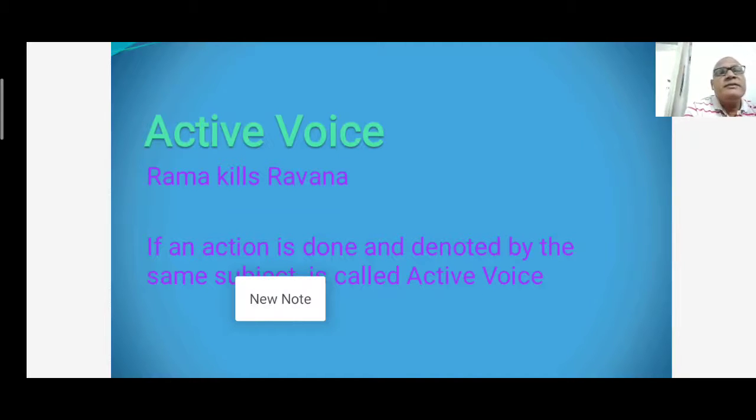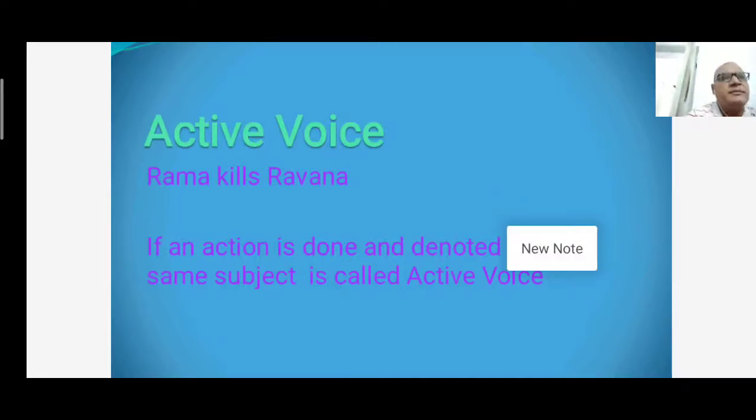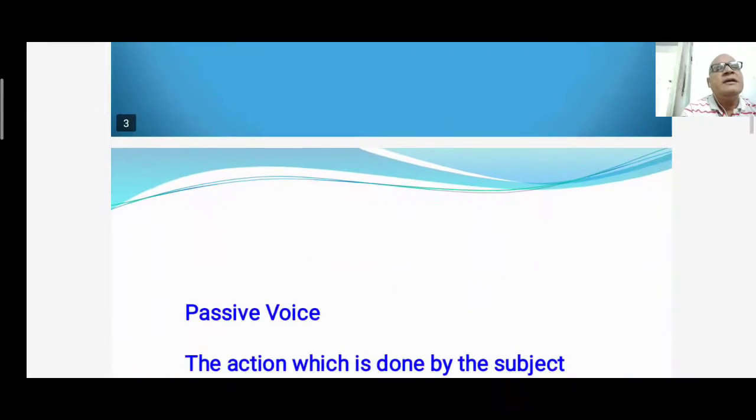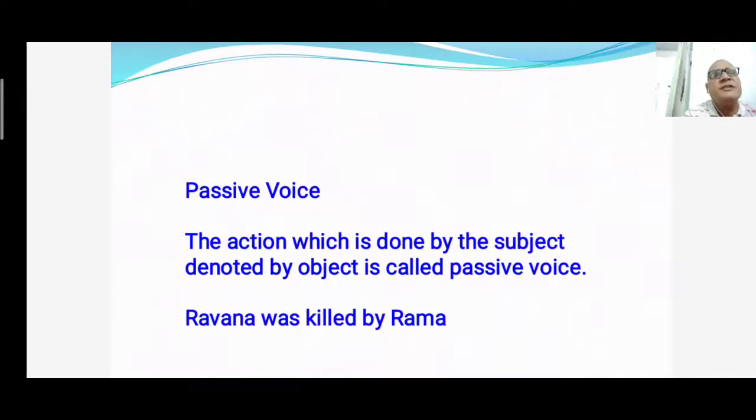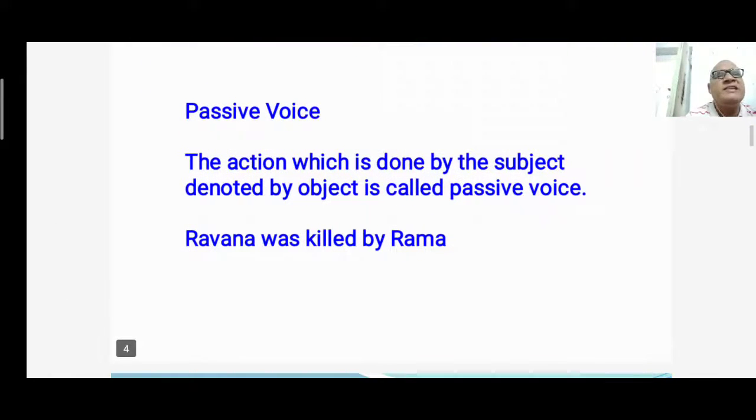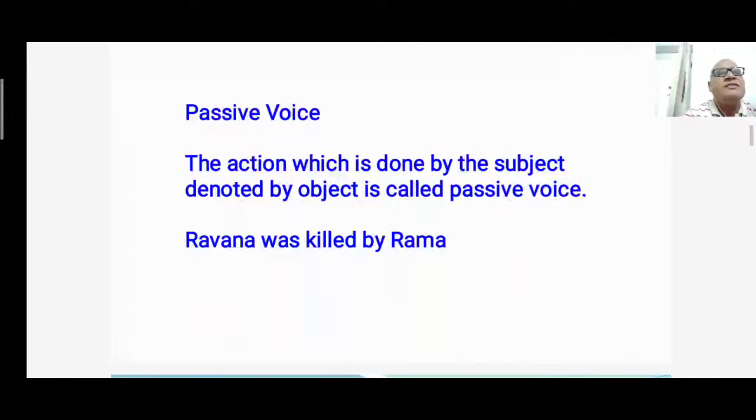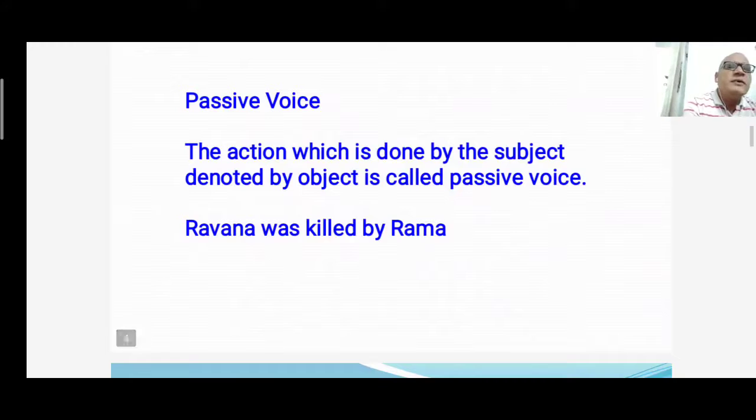In detail we are going to learn about all these tenses, how we can convert active voice into passive voice and passive into active voice. Before that, let me conclude what passive voice is and how we can define it. Passive voice is where the action done by the subject is denoted by the object. Such a sentence is called passive voice.